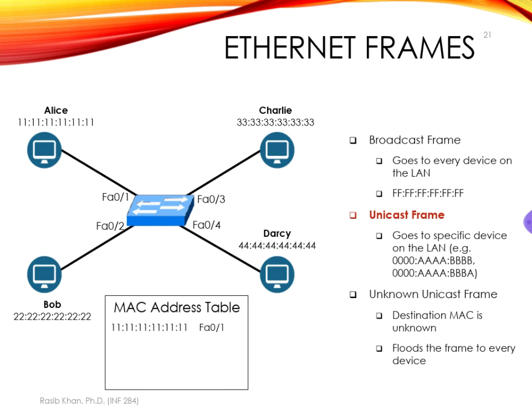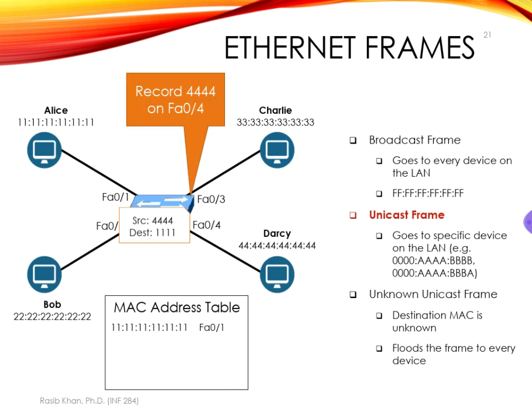The next kind of Ethernet frame is what we call a unicast frame, something that we have seen earlier. This kind of frame is intended to be delivered to a specific LAN device. For example, if Darcy sends out a frame with Darcy's source MAC address and the destination MAC address of Alice, the switch first checks and sees that Darcy's MAC address is not yet recorded in the MAC address table.